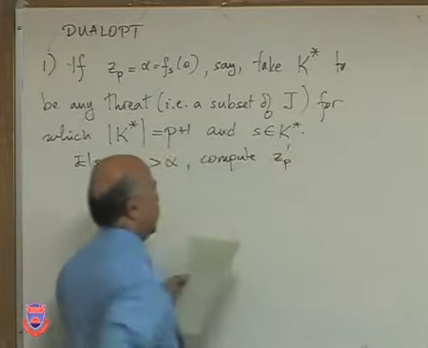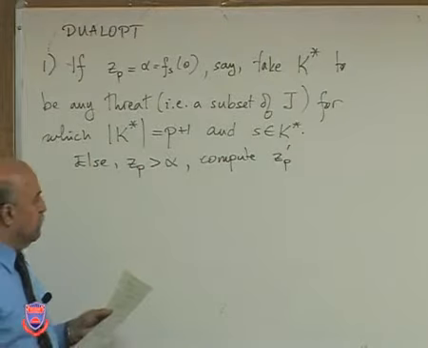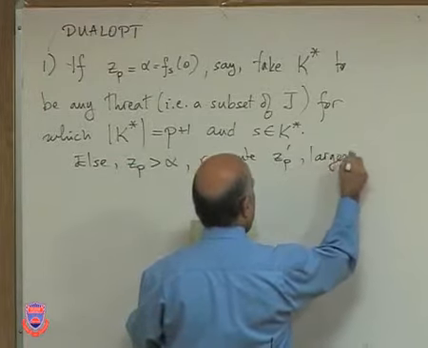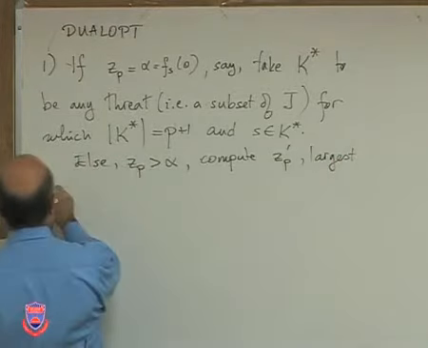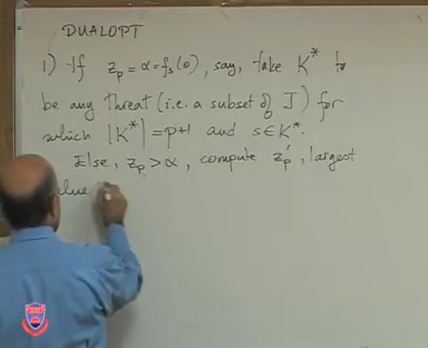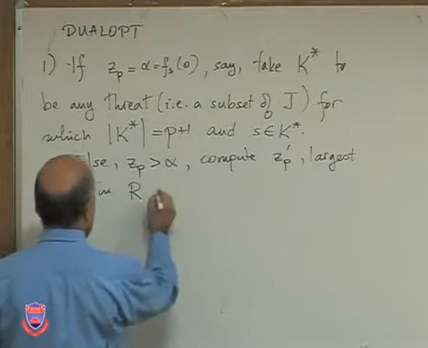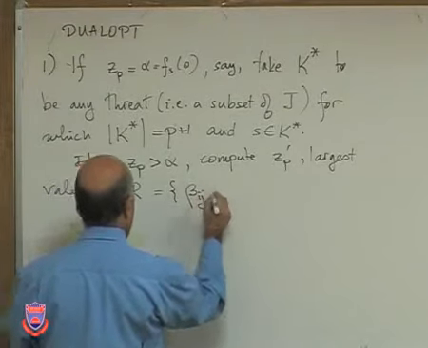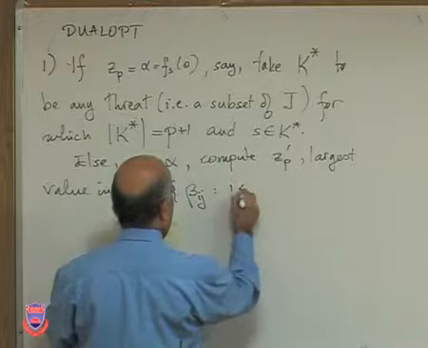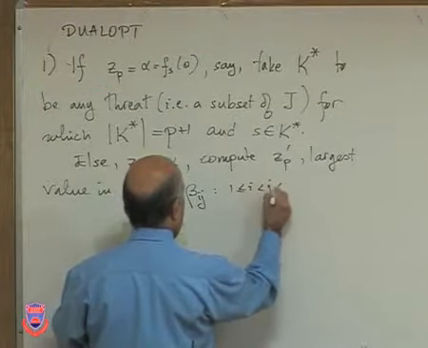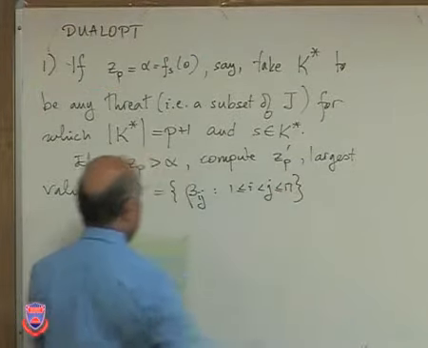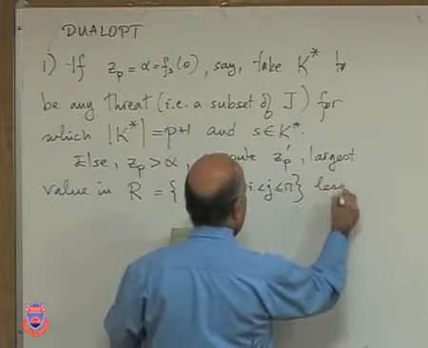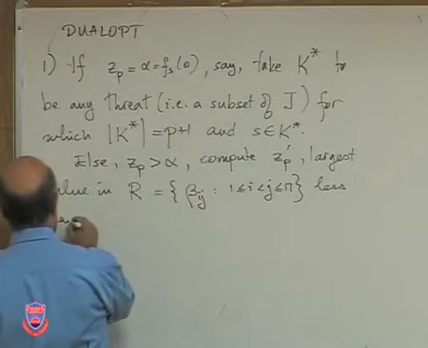a number which I call ZP prime, which is the largest value in the set R, which includes all beta ij's, which is less than ZP.